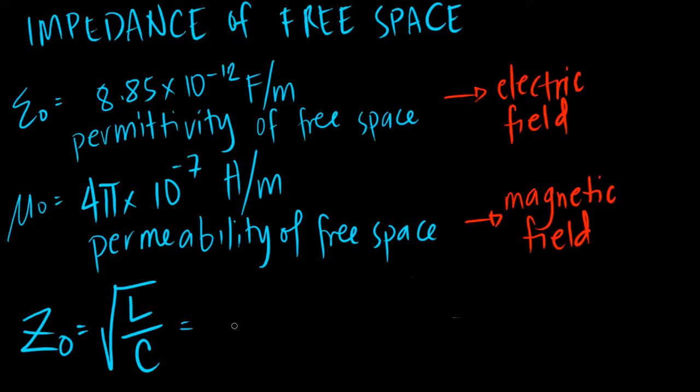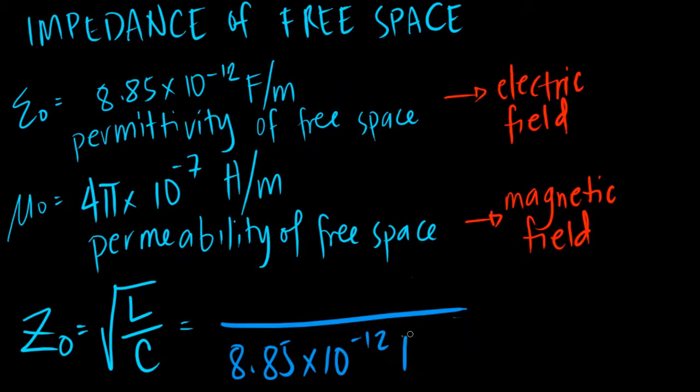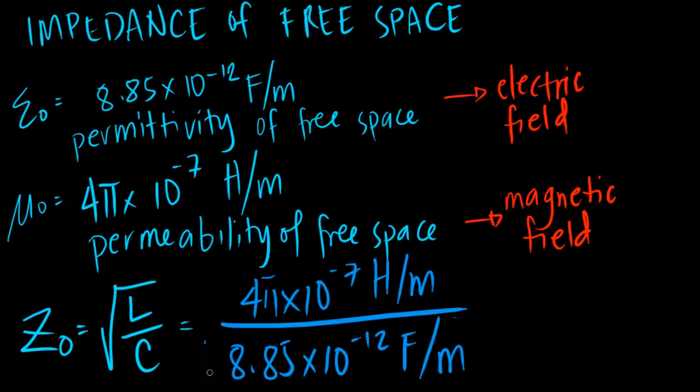Therefore, we know that it relates to capacitance. That's 8.85 times 10 to the negative 12 farads per meter. Now, our permeability of free space deals with magnetic fields, and therefore that goes to inductance. That's 4 pi times 10 to the negative 7 henries per meter.